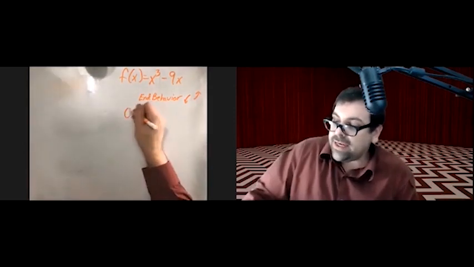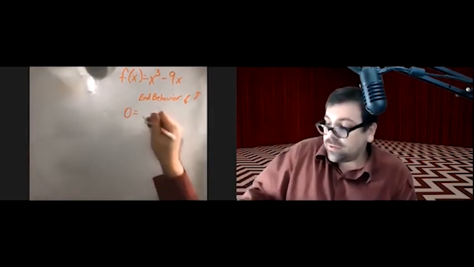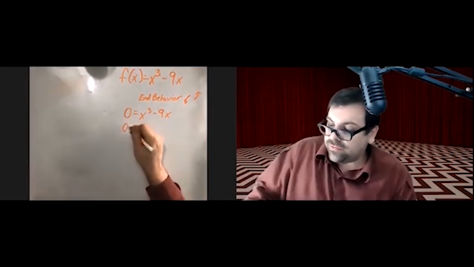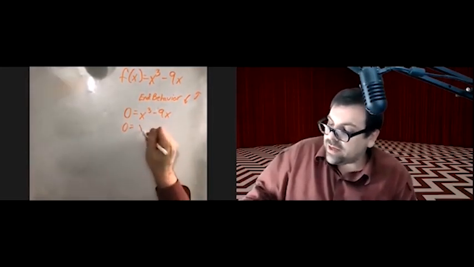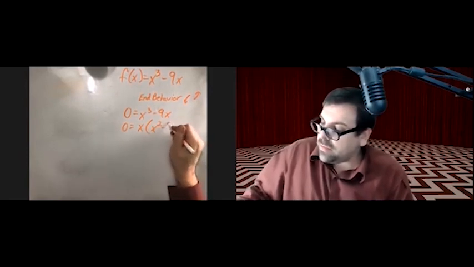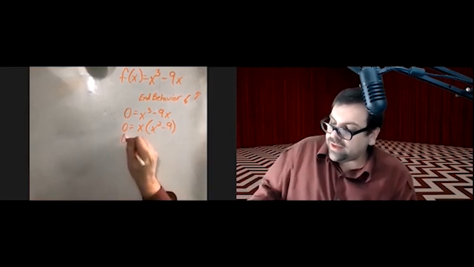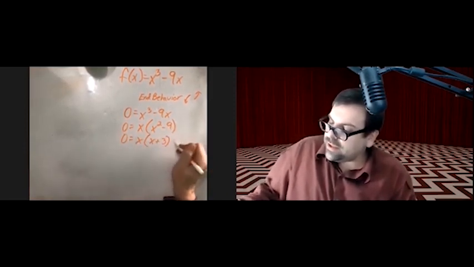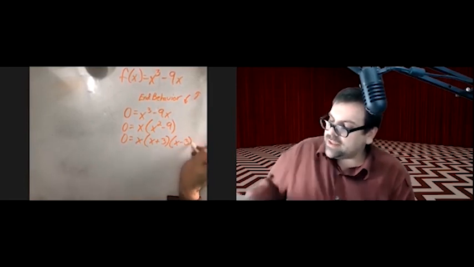If we set it equal to 0 to find the zeros, factor and solve, we can factor out an x. We're left with x squared minus 9. That can continue to factor: x plus 3 times x minus 3.